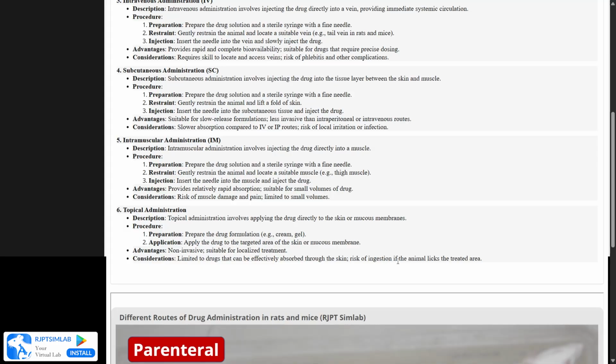And the risk of ingestion: if the animal licks the part where the drug is applied topically, then it will be licked off from the target site, taken inside the mouth of the rat and then to the gastric portion, which will degrade the drug.